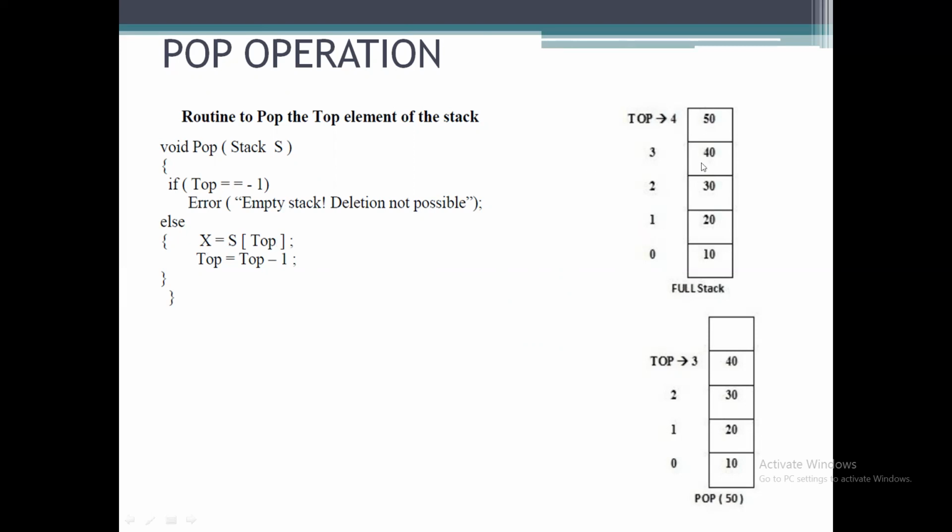In this image, you can see that it has 5 elements. 50 is the topmost element inserted in your stack at index 4. Currently, my top is pointing to index 4. So I'm going to store this element in X, and then I'm going to decrement my top value by 1. As we incremented for the push operation, in pop you'll be decrementing the top by 1. In the second image, you can see that the top value is decremented from index 4 to index 3. Finally, you can return X to know which element is deleted from the stack.